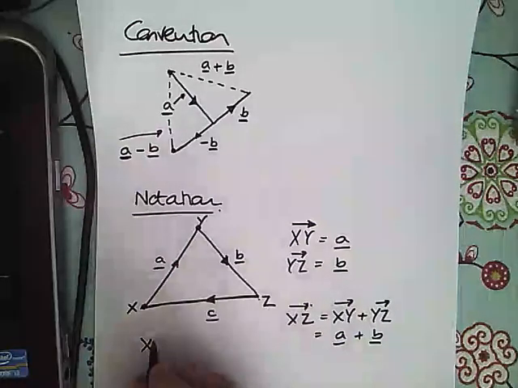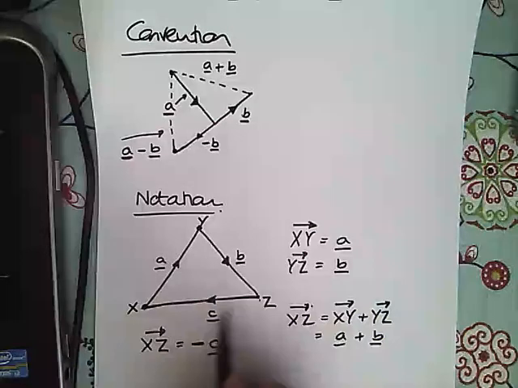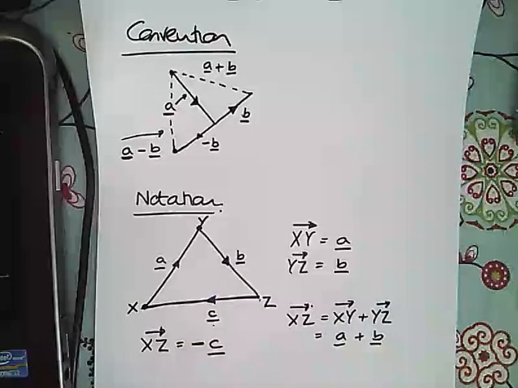If I'm going that way from X to Z, that is equal to minus C, because I'm going along C, but I'm going in the wrong direction.